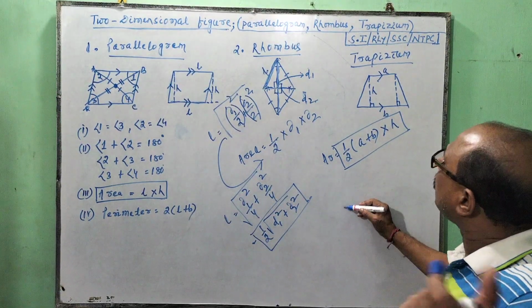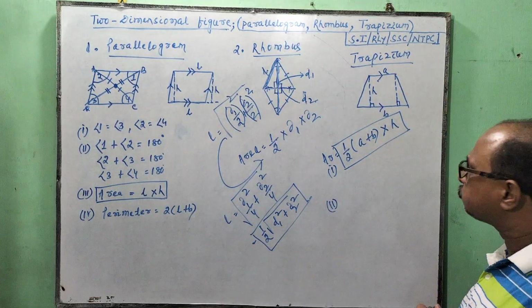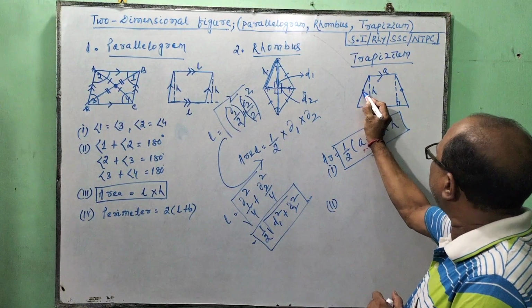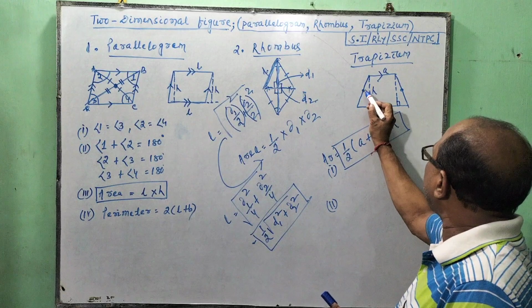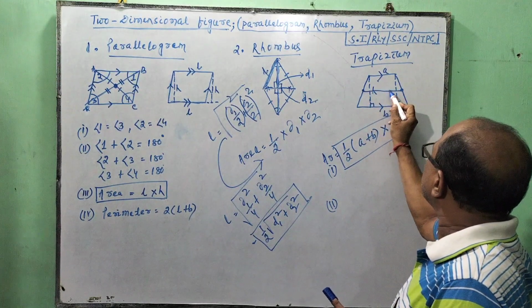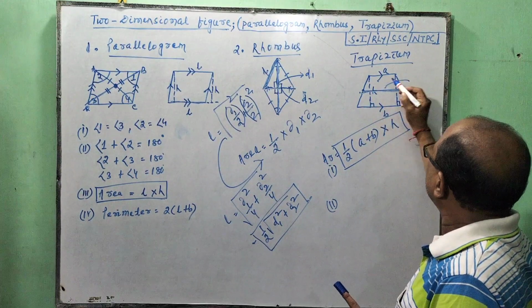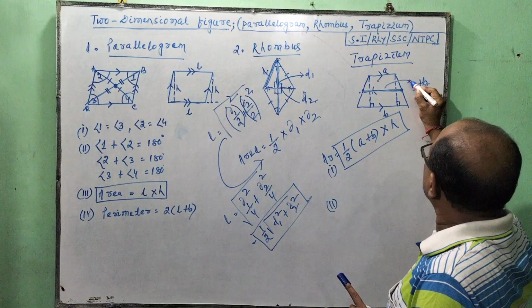So next, the other formula of the trapezium, number 2. Suppose this is the midpoint. This is the midpoint of the unparallel lines. If we join these points, this line is A plus B by 2.